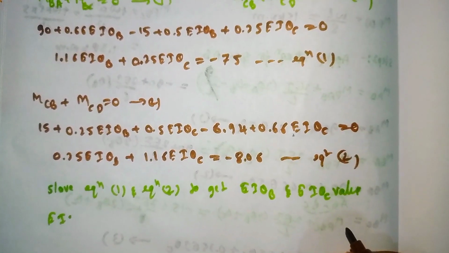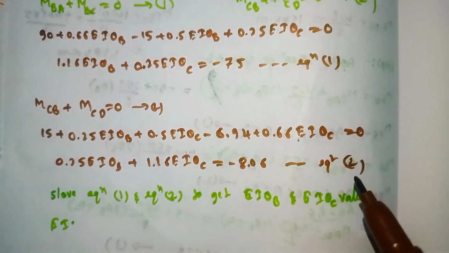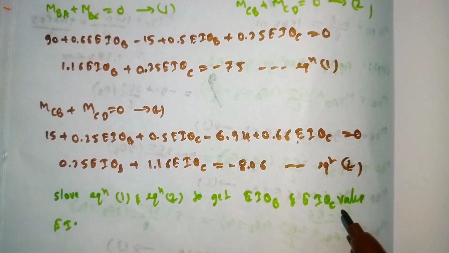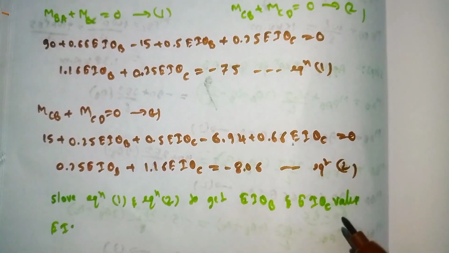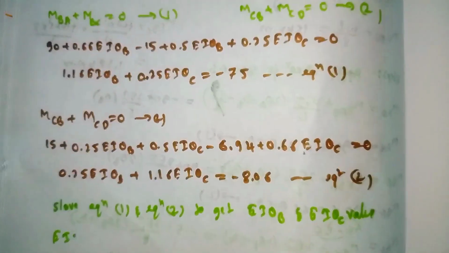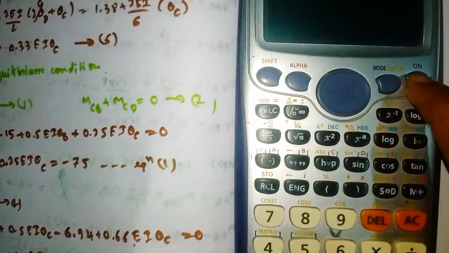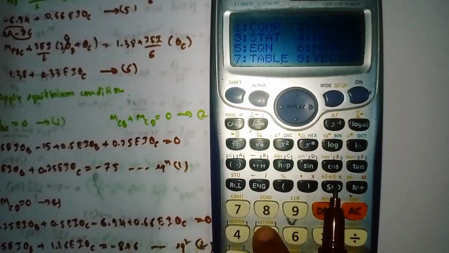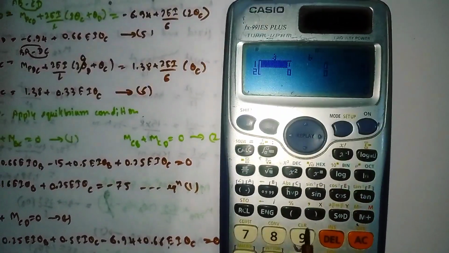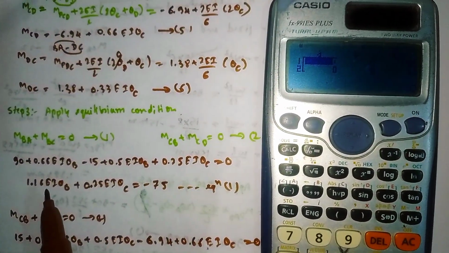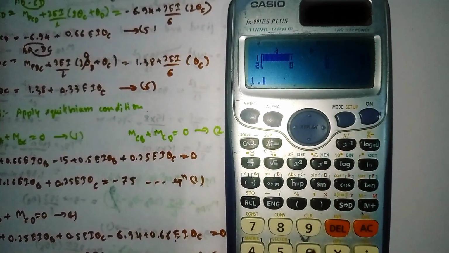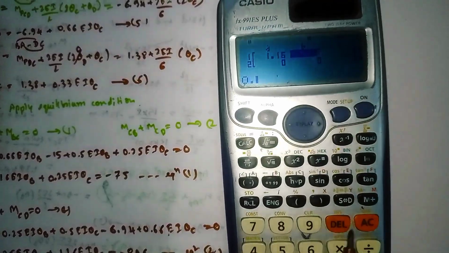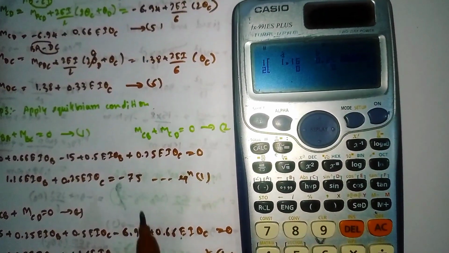Now we add equation number 1 and equation number 2 to get the values of EI theta B as well as EI theta C. I will show how to calculate them. From equation 1, the coefficients are 1.16 and 0.25 with minus 75.